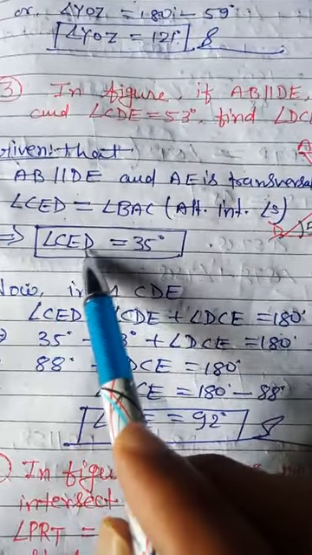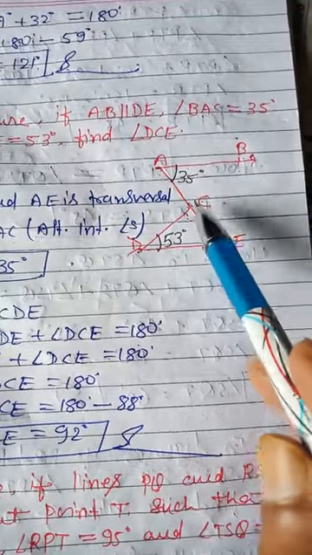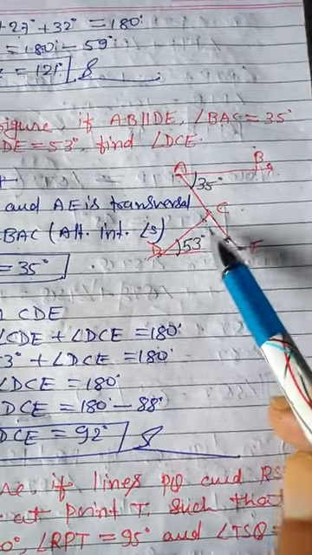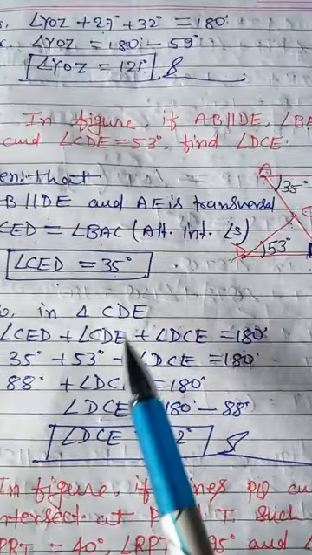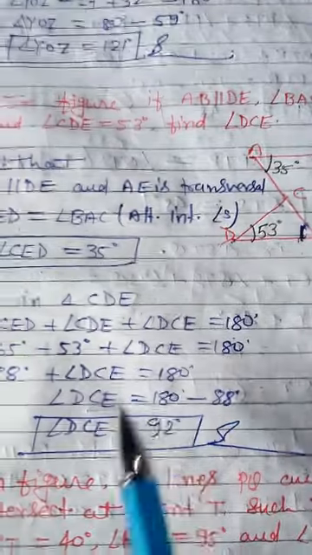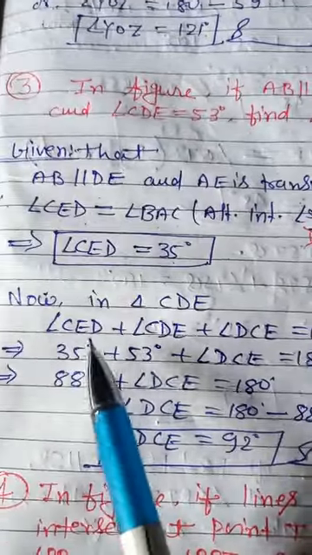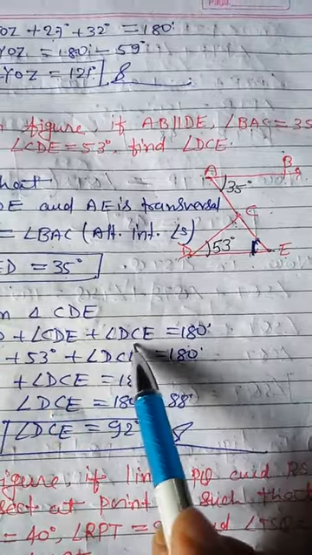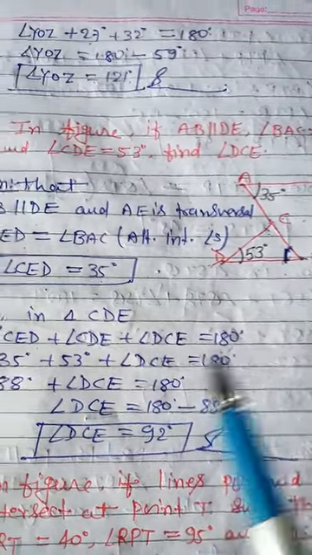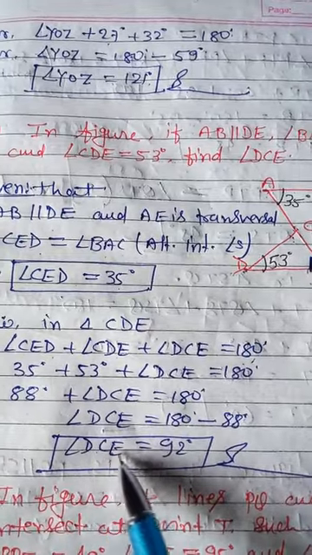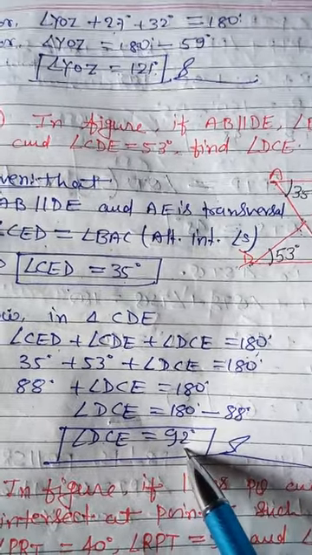So angle CED is equal to 35 degrees. Now in this triangle CDE, the sum of all these three angles is equal to 180 degrees. Angle CED plus angle CDE plus angle DCE is equal to 180 degrees. Put in their values and we get angle DCE is equal to 92 degrees.